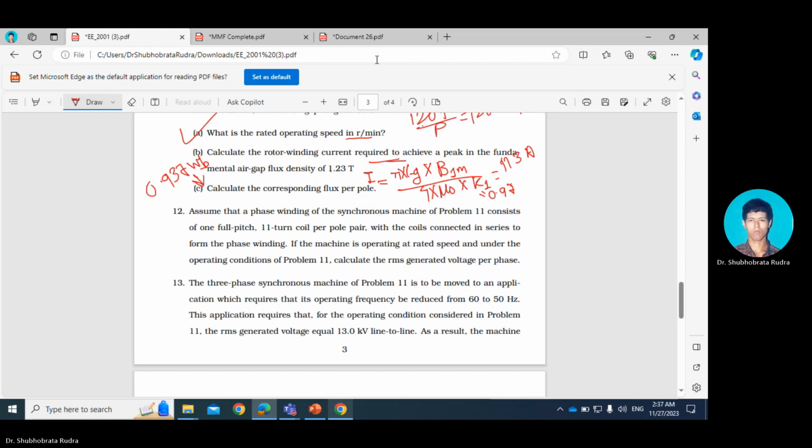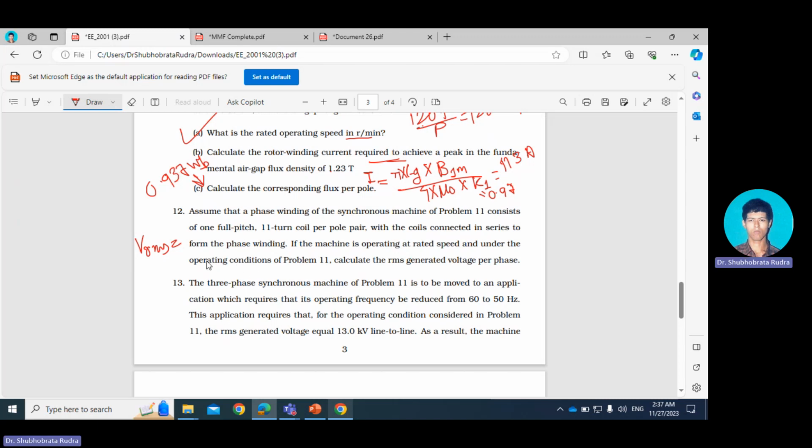So for this one, you can write the RMS voltage. What should be the proper formula for that?